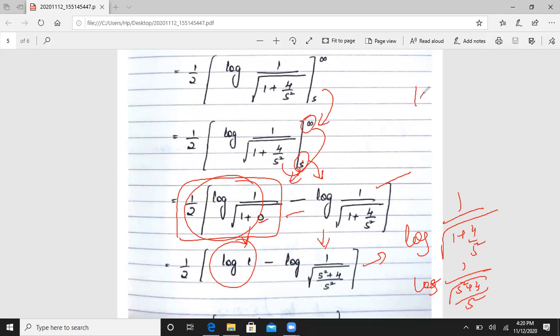Okay, when we separated this function, divided by s square from the root, then we will get s square plus 4 divided by s. Okay, so here there is no square and no root, so that's why we will write this function.